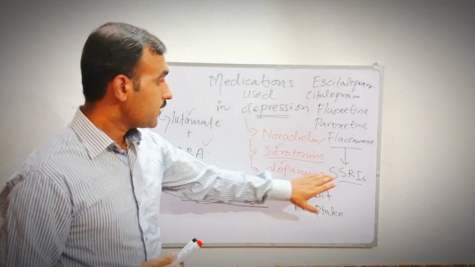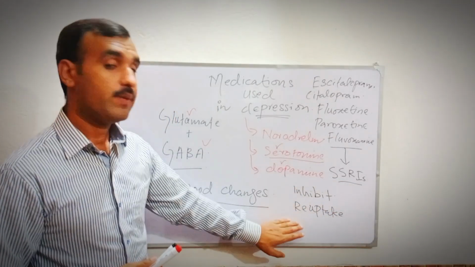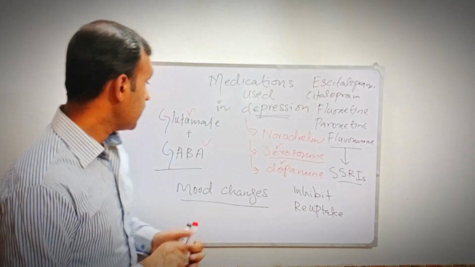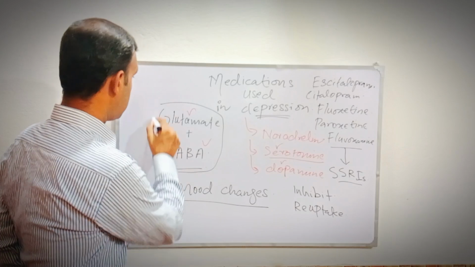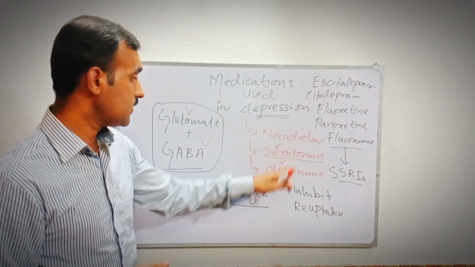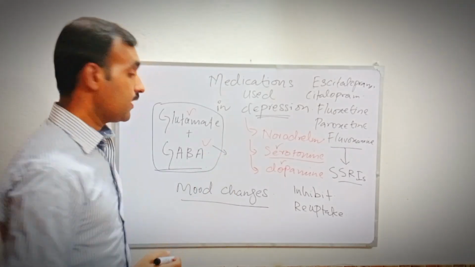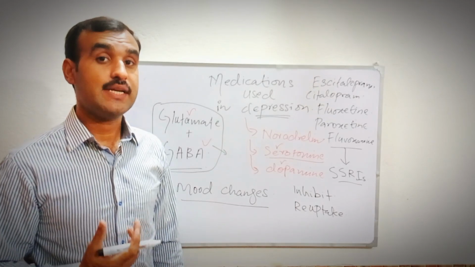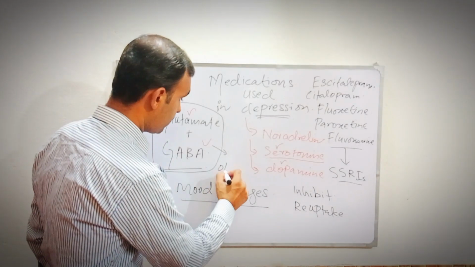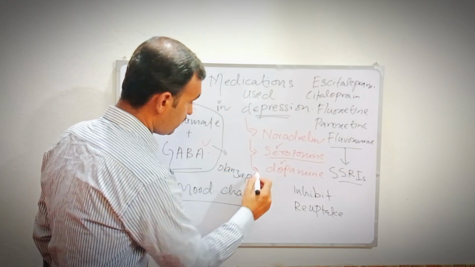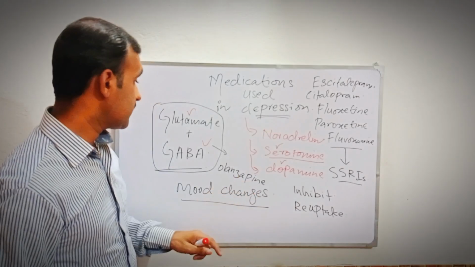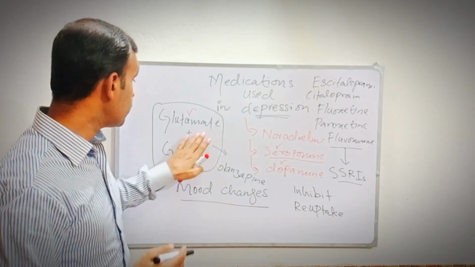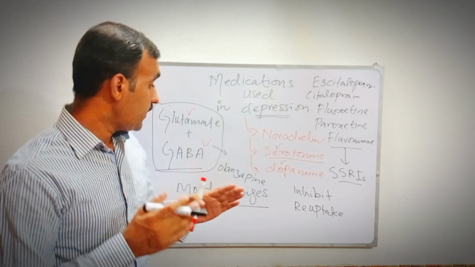So whenever these medicines inhibit the uptake of serotonin or dopamine, guys, glutamate and GABA are somewhat different, because for these chemicals another special type of medication is used, known as antipsychotic drugs, just like olanzapine and such medicines, used in maintenance to keep the level of glutamate or GABA inside the brain constant.